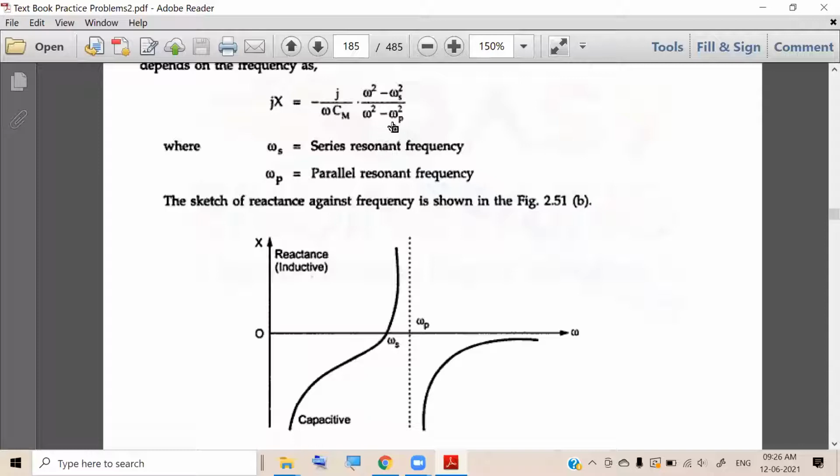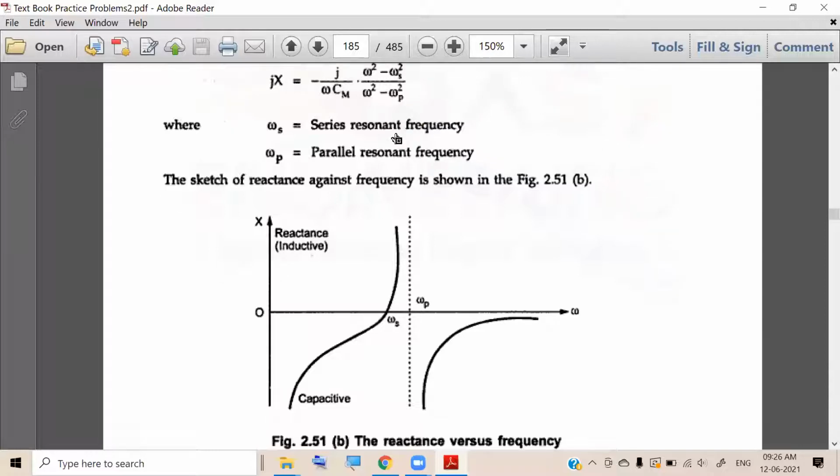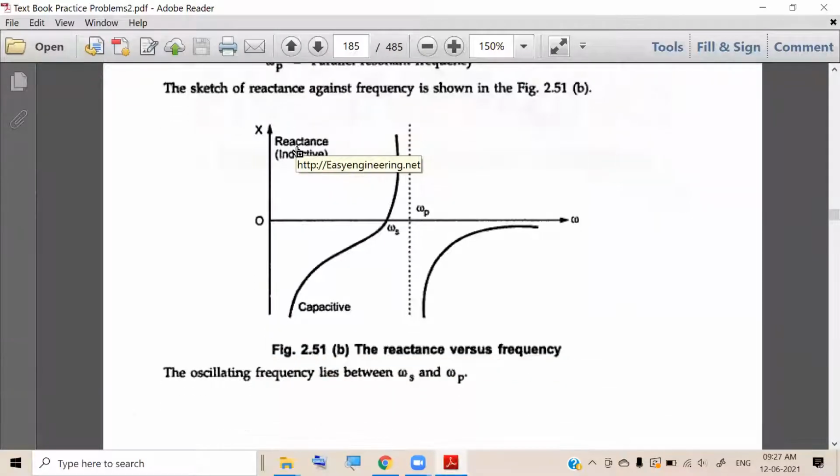And when omega is very close to omega p, but slightly less, it tends to plus infinity. And if omega is close to omega p, but slightly greater than omega p, it is minus infinity. And then when omega tends to infinity, the X tends to 0. All this we have discussed in the previous class.